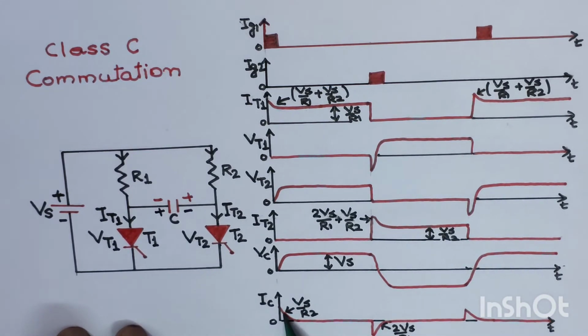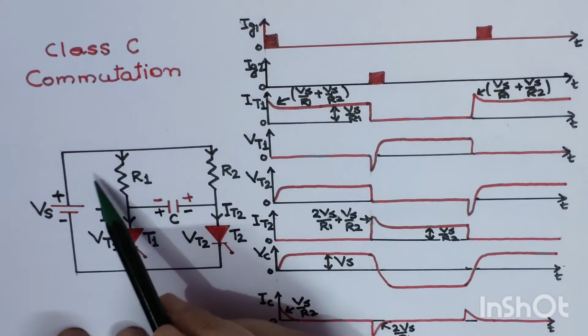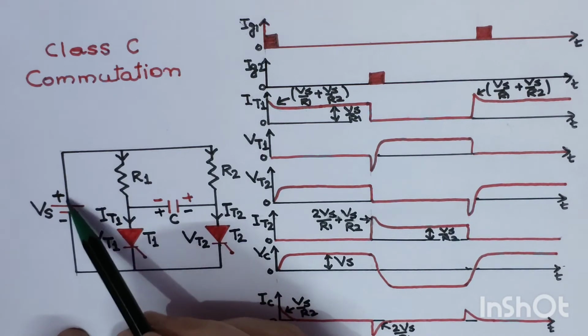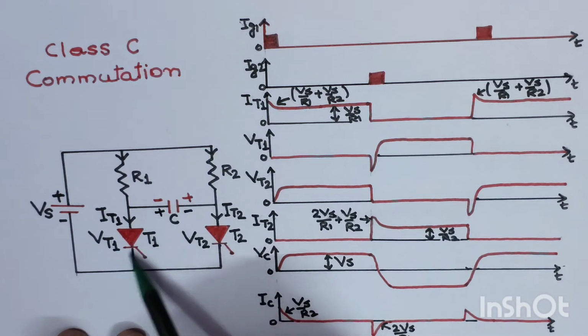Now this is the charging current IC. So initially what we see is that the charging current will be through Vs by R2. See, this is the capacitor, and by this loop, through supply voltage Vs and resistance R2, only this capacitor was getting charged.